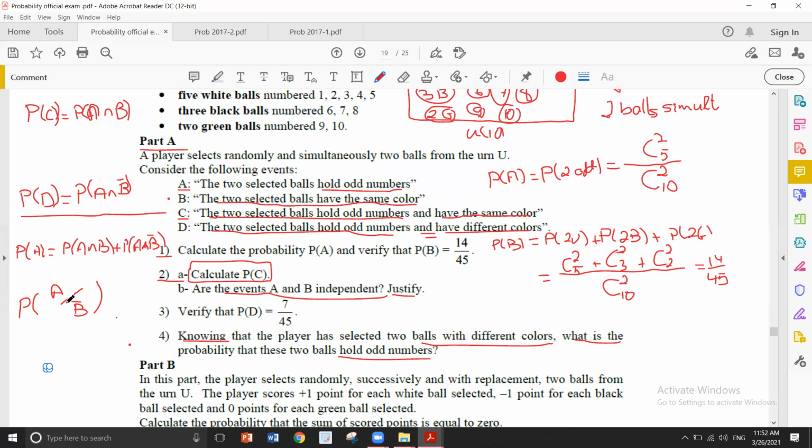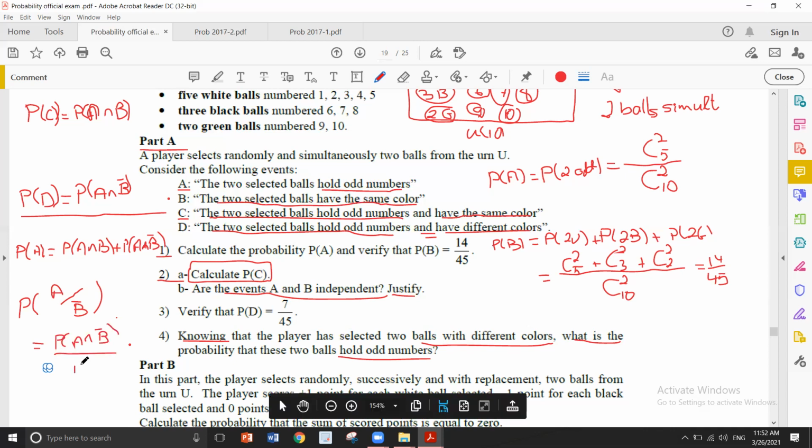What is the rule? How to calculate the probability of A given B bar? It is probability of A intersection B bar over probability of B bar.